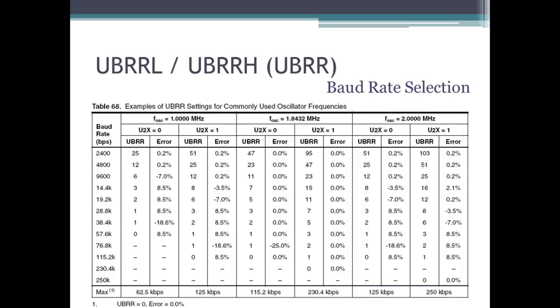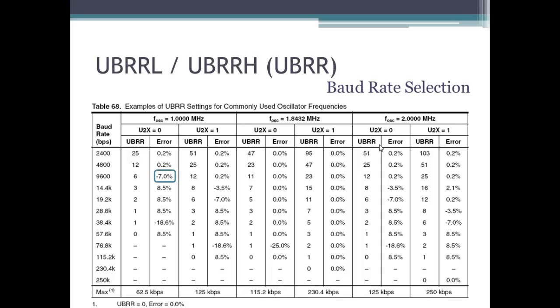For the 1 megahertz signal, if I wanted to run the USART at, let's say, 9600 baud, and I wasn't using double speed mode, where U2X is 0, I'd load the value 6 into UBRR. In the next column, it says there's an error associated with that: minus 7%. Well, an error from what?